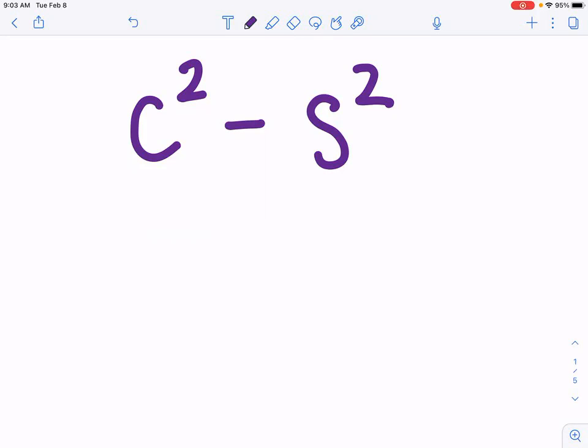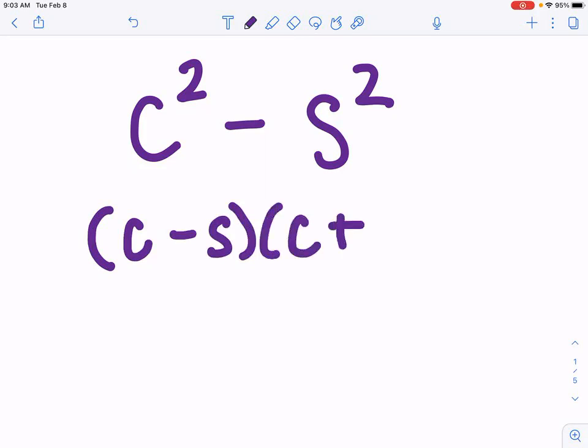A square. So this is the difference of squares, and we factor that like this. Do you remember that? No? Okay. So if we have a difference of squares, we can factor it a plus b, a minus b.